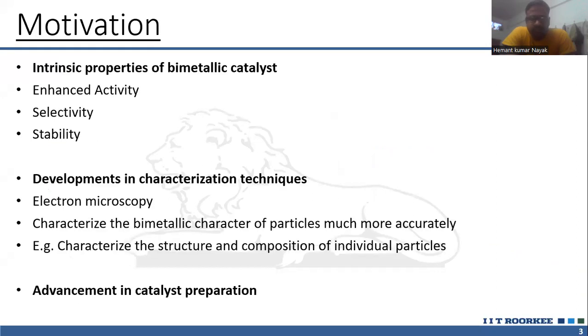So here you can see why we are using bimetallic catalyst, because it provides enhanced activity, selectivity, and stability. Also, development in characterization techniques like electron microscopy characterizes the bimetallic particles much more accurately, for example the structure and composition of individual particles.